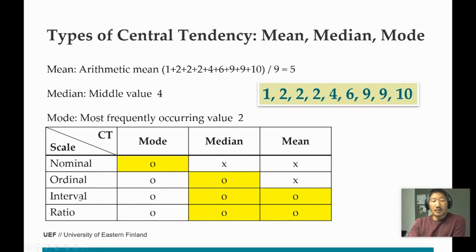And if you have interval or ratio scale, you can use mode, median, and mean. You may not use the mode that often, but usually the median and mean may be the most often used central tendency in your study.